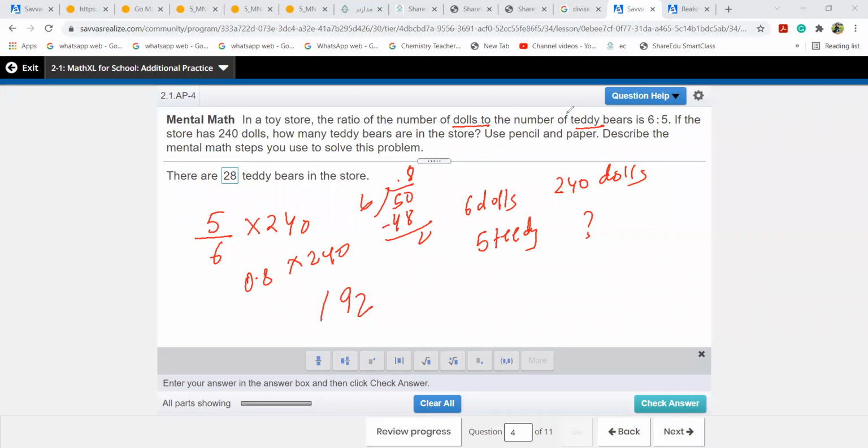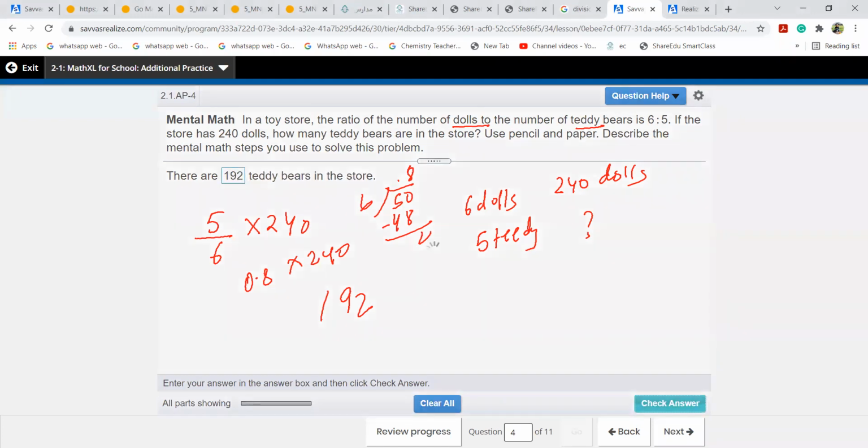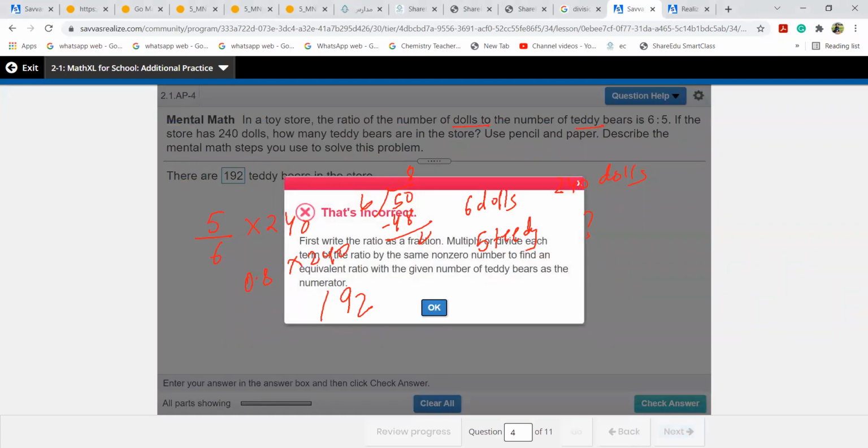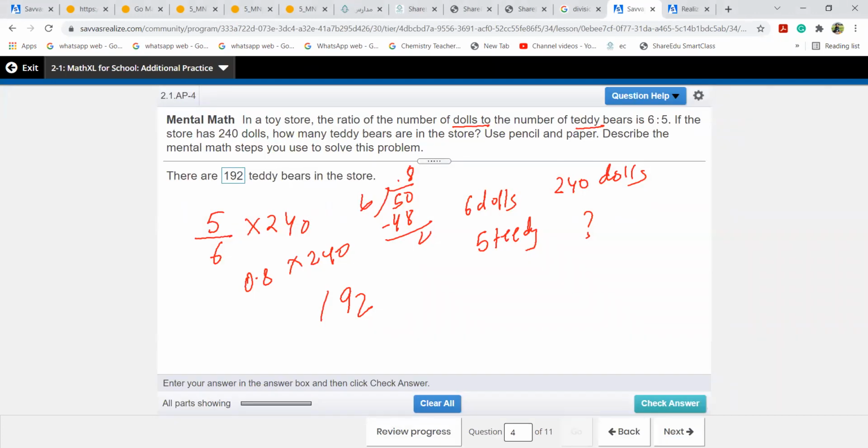192. Let us see the answer. No. Let me check. 6 divided by 5 equals.